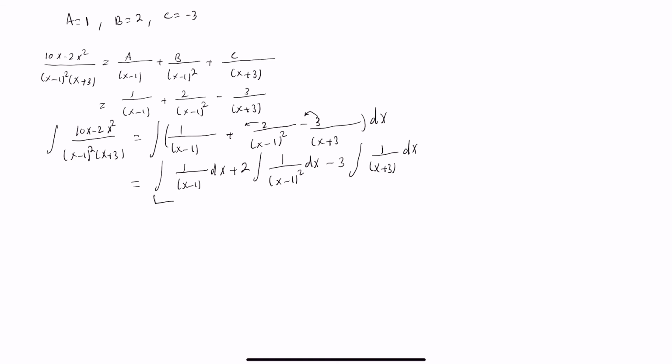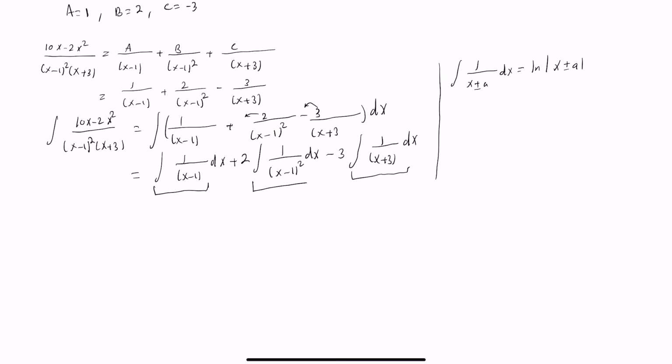Now we already know the integral of this one and this one here using u-substitution. So the integral of 1 over x plus or minus a dx is going to be equal to the natural log of the absolute value of x plus or minus a.